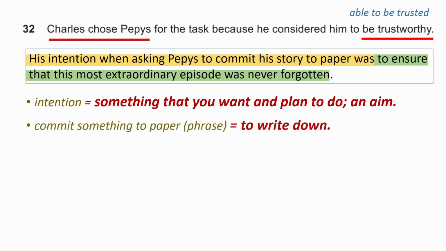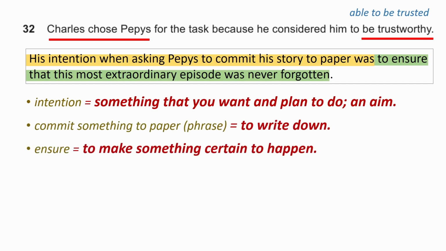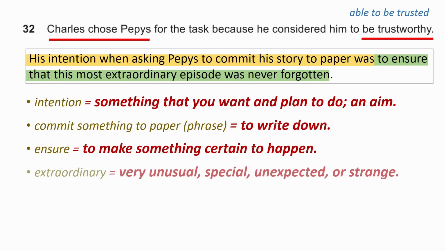Commit something to paper, it's a phrase to write something down. Ensure, to make something certain to happen or to make sure. And extraordinary, very unusual, special, unexpected, or strange. So in the text, there is no information that he chose him because he trusted him. And there is no information that is the opposite of what the statement says. Therefore, the best option is not given.